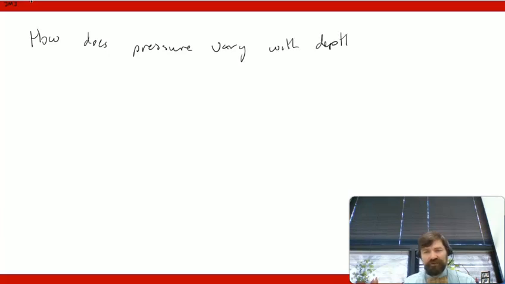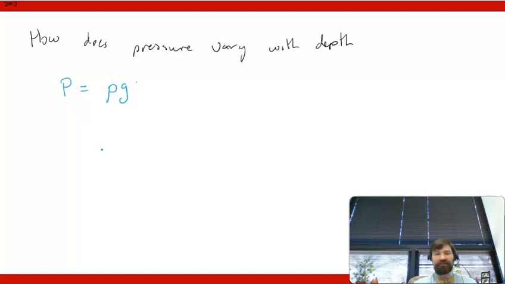We are assuming a fluid that is basically at equilibrium, so the fluid is not really flowing about. There's no layer here flowing down, and layer down here flowing up. The answer then is that pressure is the density of the fluid times the free fall acceleration, or the gravity field strength, times the depth in the fluid.